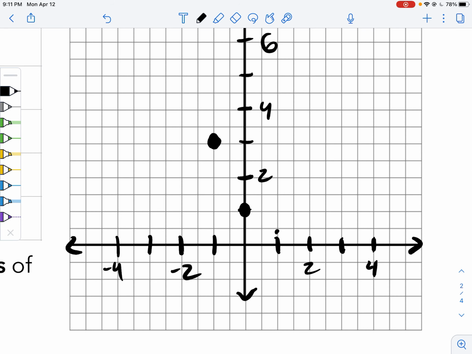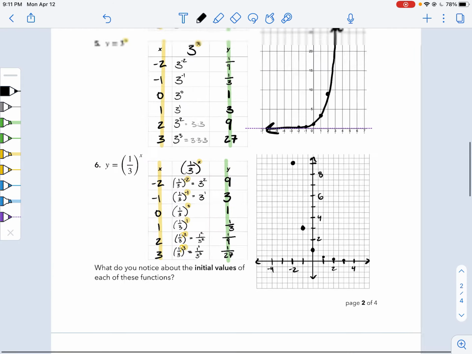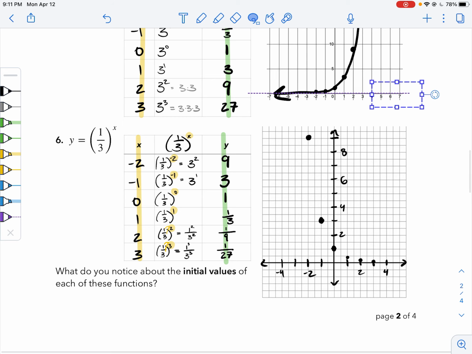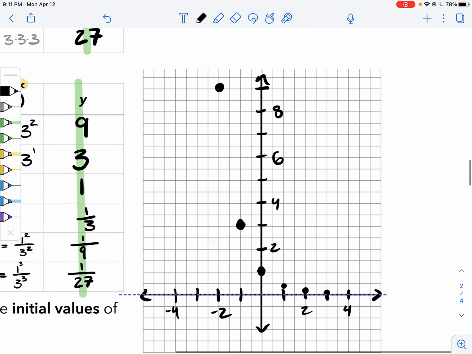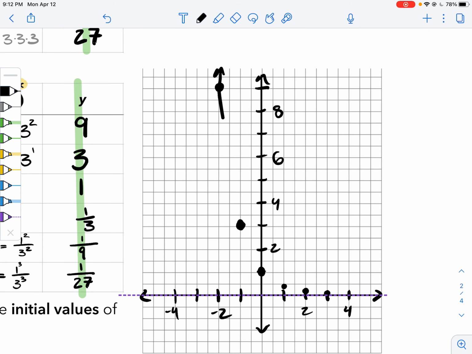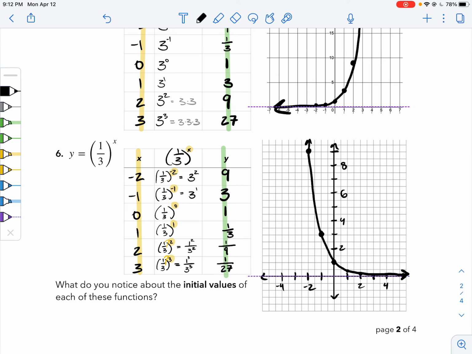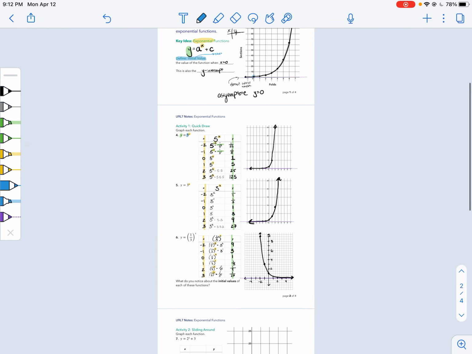Over 1, up 1/3, a 9th, a 27th, baby little point there. We still need an asymptote at 0. Sweetums. Let's just draw our graph. Okay, good enough. Cool.